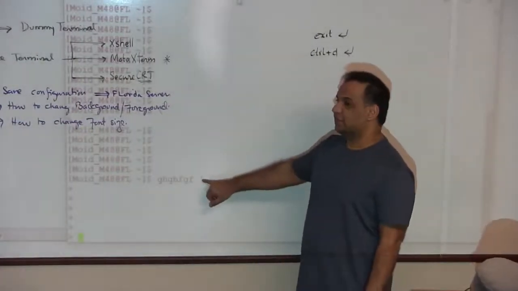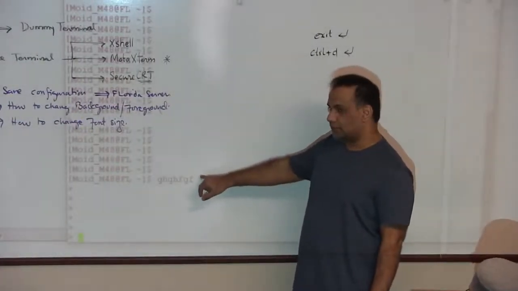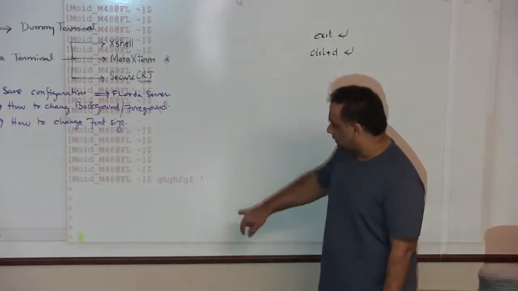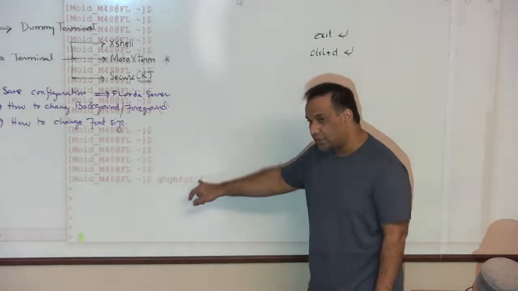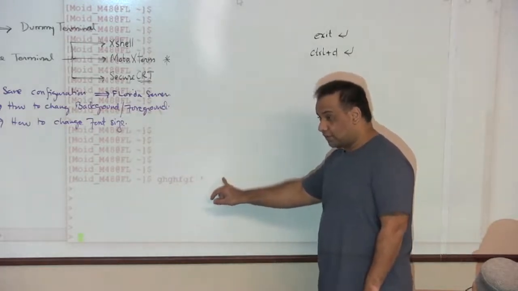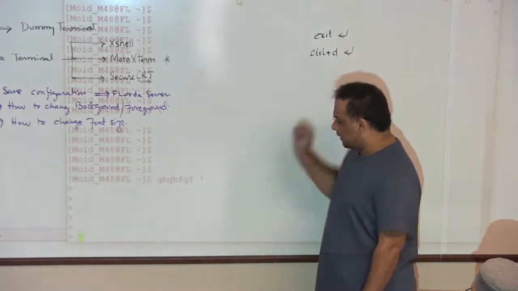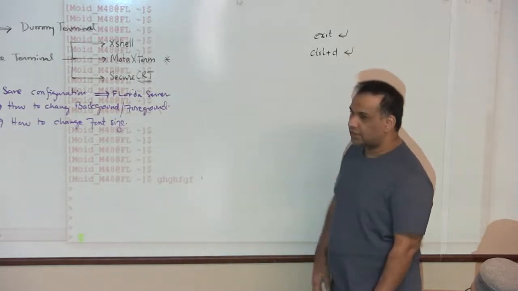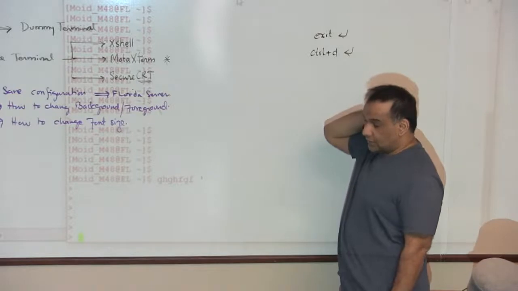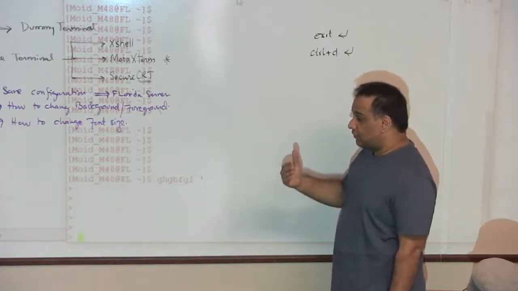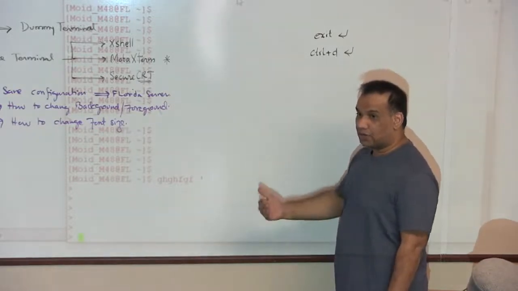If you put a single quotation, it is expecting another single quotation. If you put one double quotation, it is expecting a double quotation to close it. Now, if you hit enter, you will not get the prompt back. That means you are in a loop that is waiting to end, but you are not ending it.